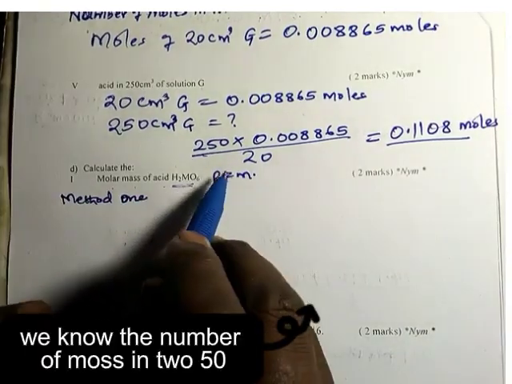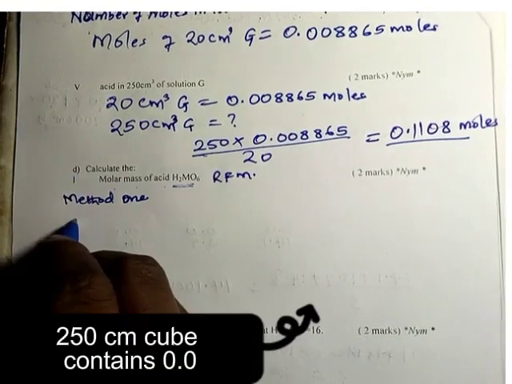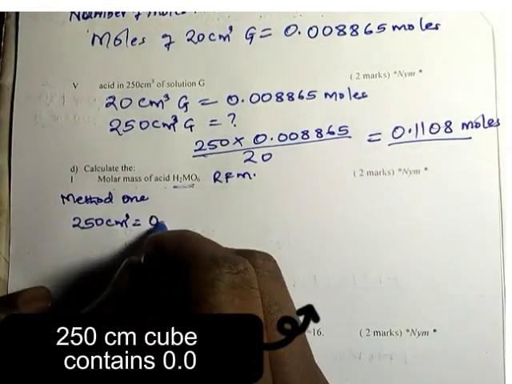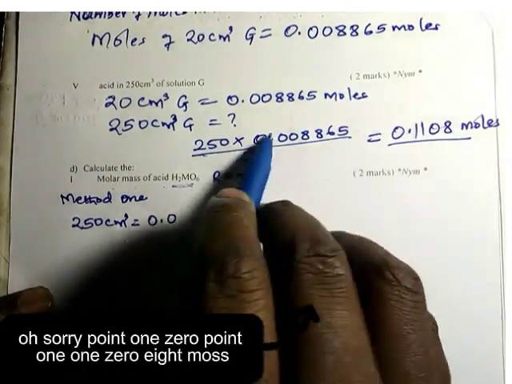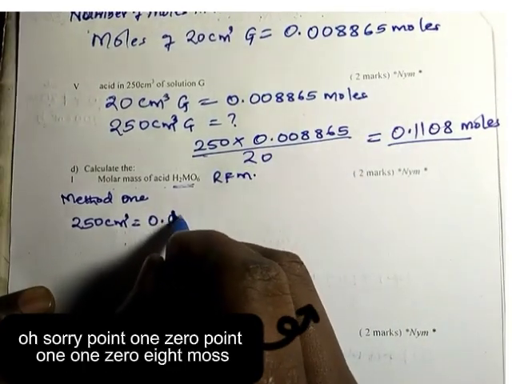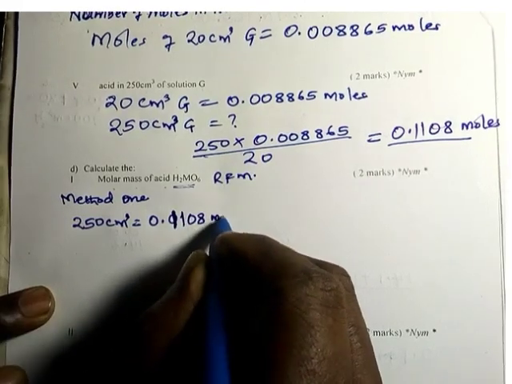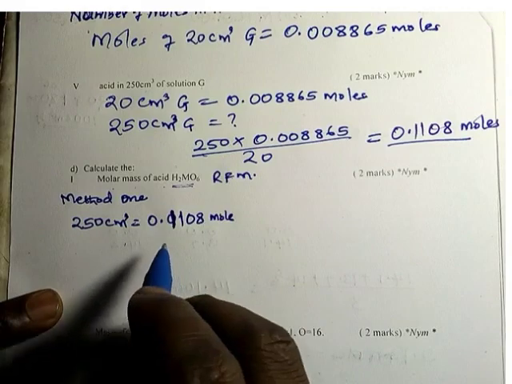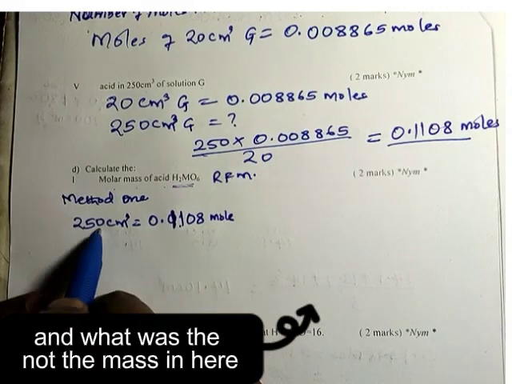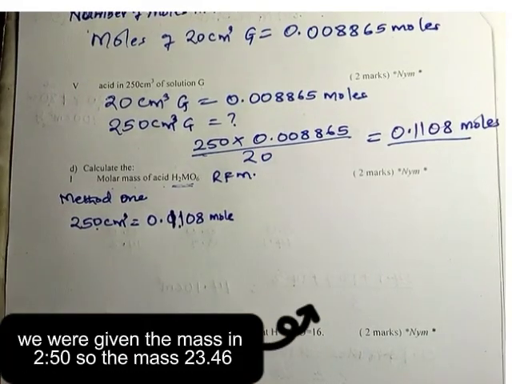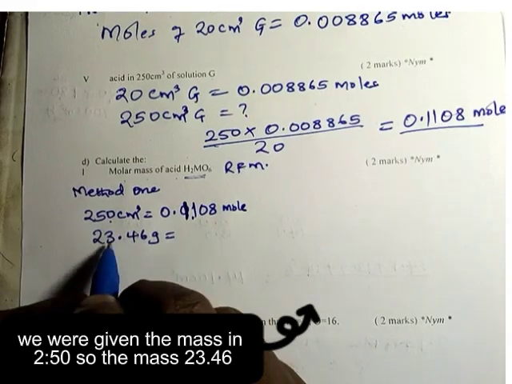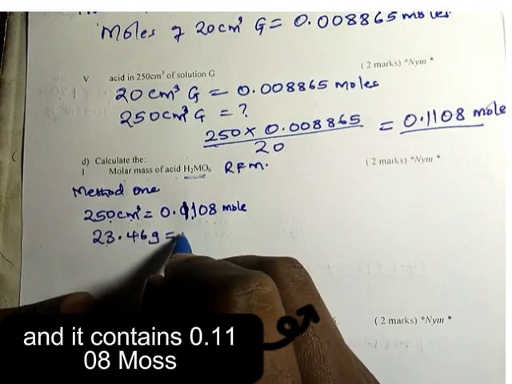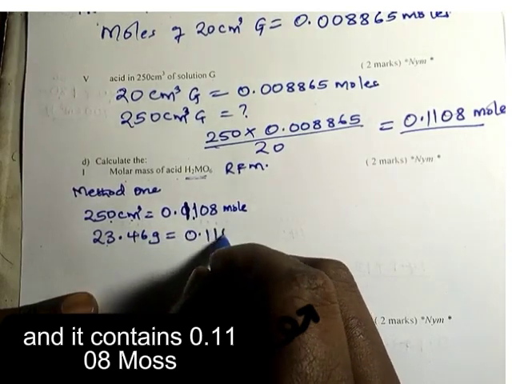We know the number of moles in 250. 250 centimeters cube contains 0.1108 moles, right? And what was the mass in here? We were given the mass in 250. So the mass 23.46, this was the mass also in 250, and it contains 0.1108 moles.